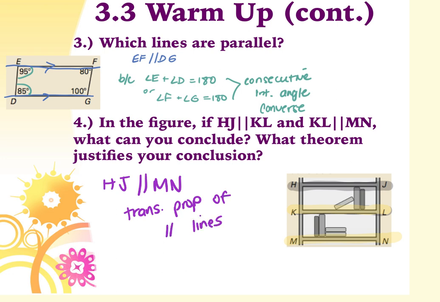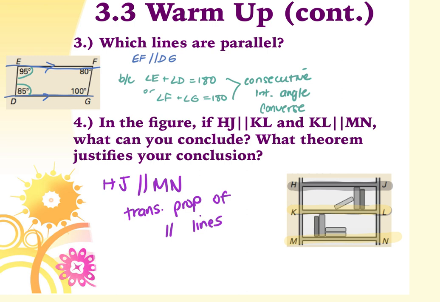If two lines are parallel to the same line, then they are parallel to each other, and that's the transitive property of parallel lines. On the test, do you want to cite the transitive property of parallel lines, or just transitive property? You need of parallel lines because transitive property could be used on segments, it could be used on angles, right? Because we're using this with parallel lines, you would need that.